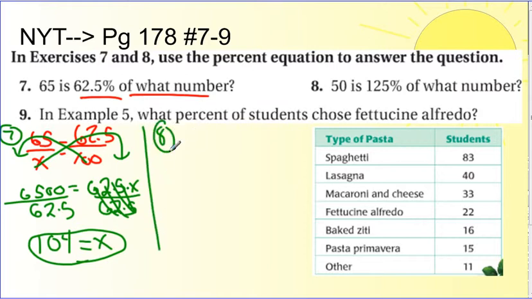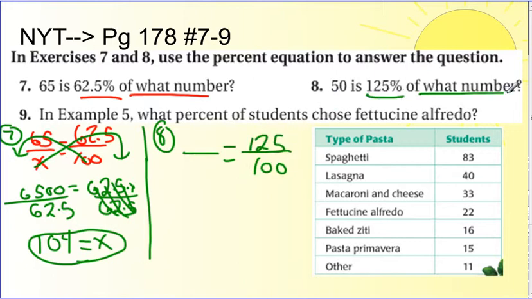Number 8 says 50% of 125 is what number? Okay, so proportion. 50 over 100 equals what over 125? Cross multiply. 100 times 50 is 5,000.